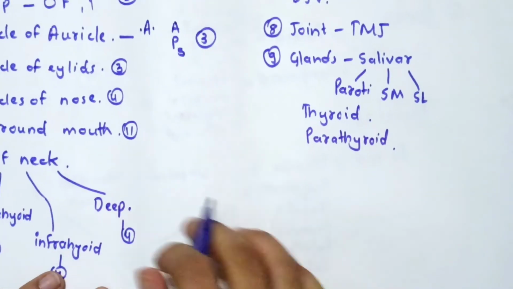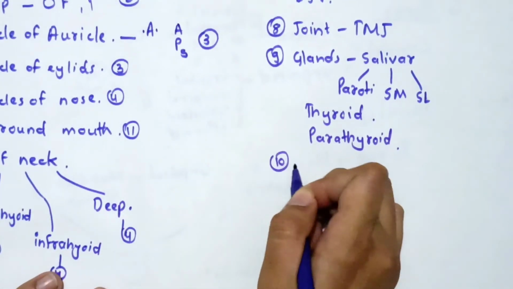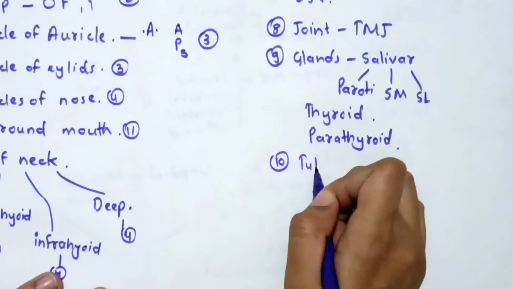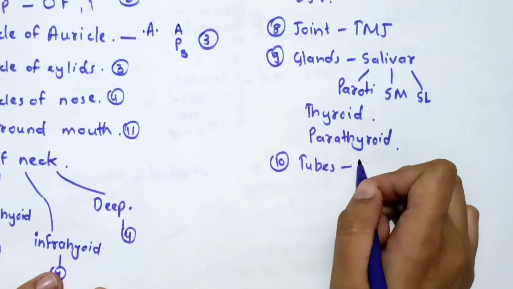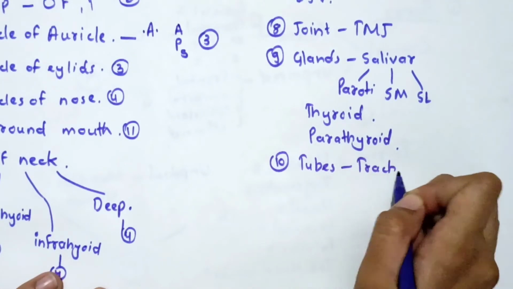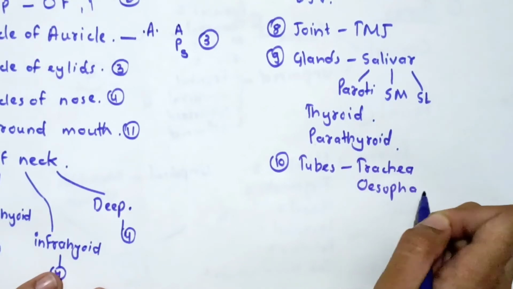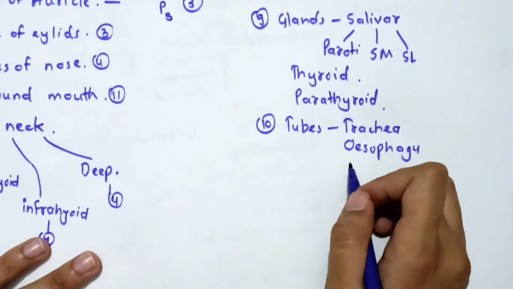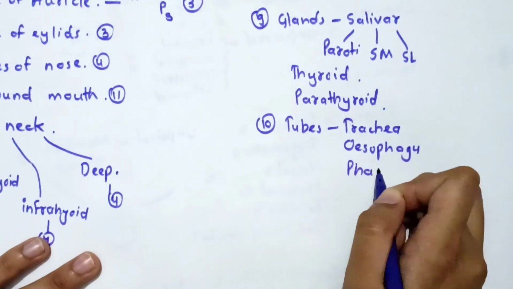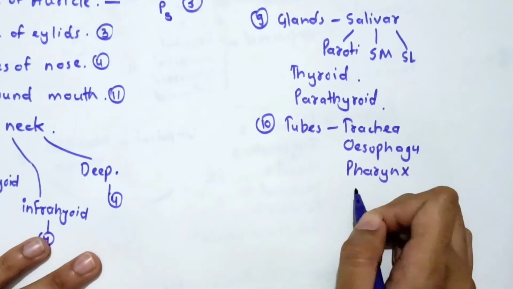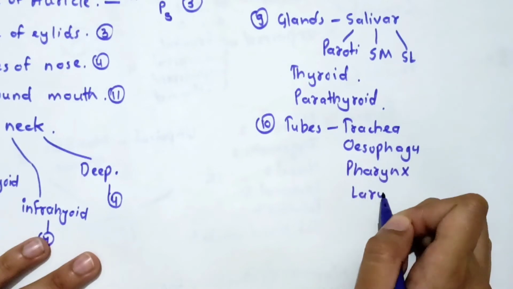Then in the tubes we have trachea, esophagus, pharynx and larynx.